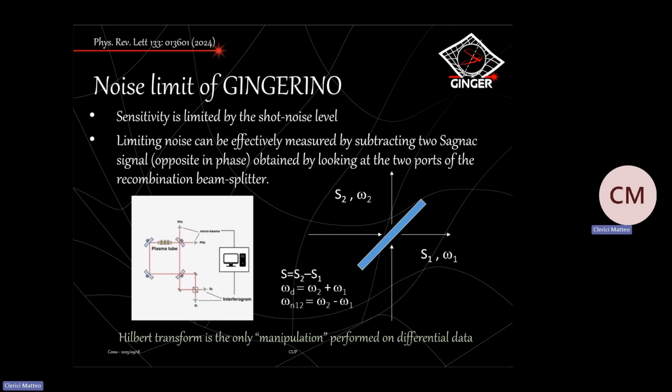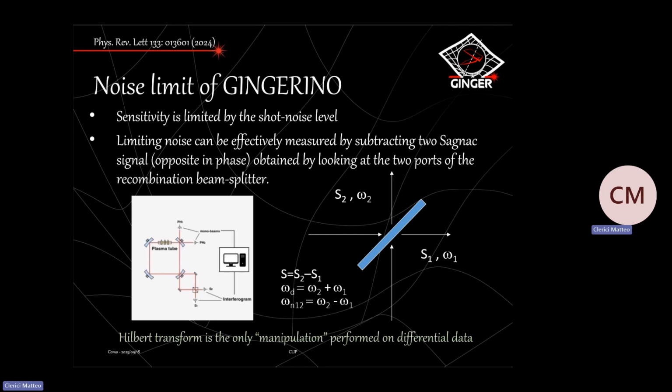You have a corner mirror and you put a beam splitter or just take the interference in a prism of these two counter-propagating beams and you get one of the outputs and you see the sinusoidal signal of the rotation that comes out. Then if you take the other output of the beam splitter, you can perform differential measurement. These two are out of phase, so you can just track the frequency that the two measure in an independent manner.